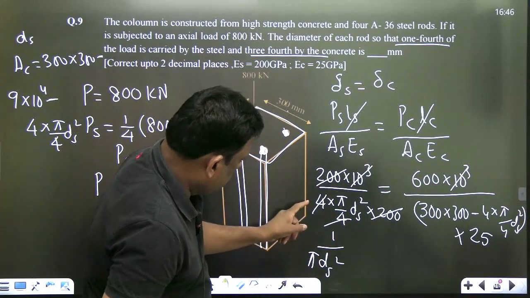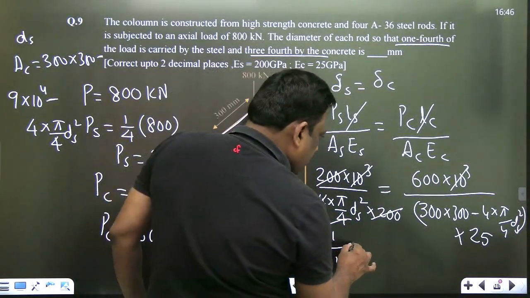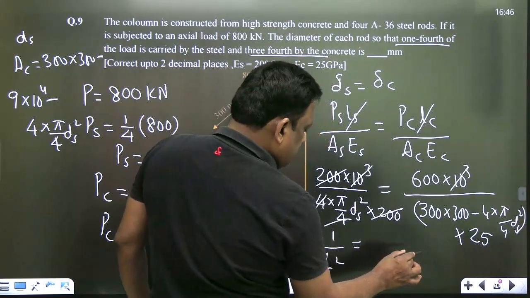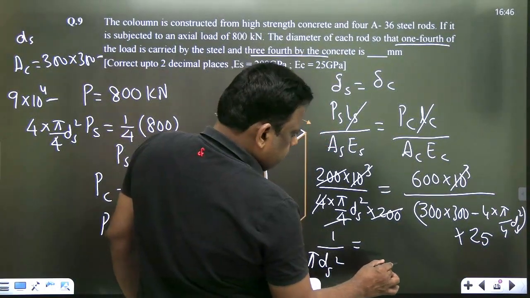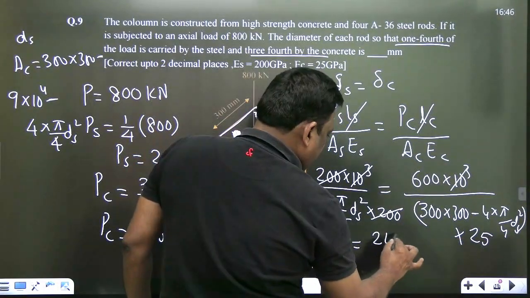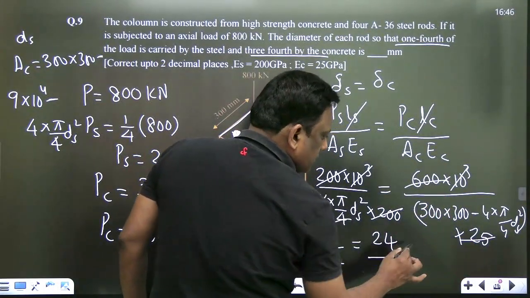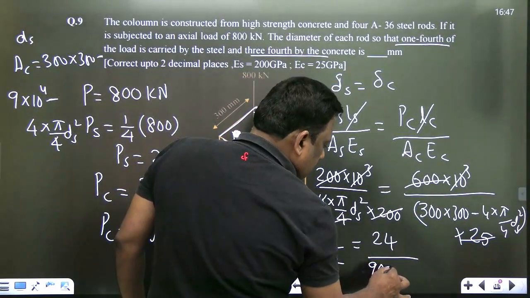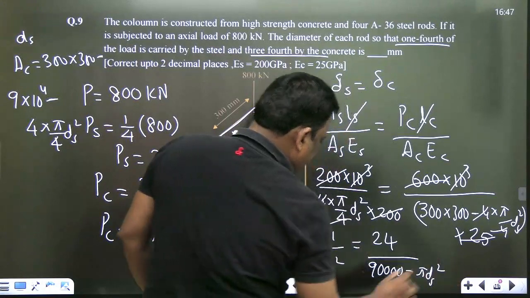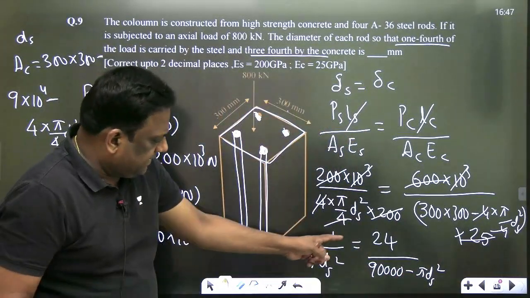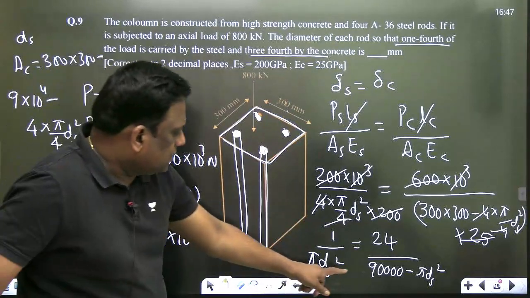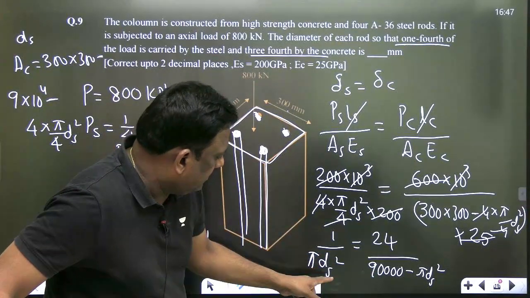So we have 200, 4 pi d square is equal to 25, and 25 ones are 25, 25 fours are 100, so 24 comes on top: 9 into 10 power 4 minus pi ds square. Let me check whether I am calculating correctly. Yes, exactly.